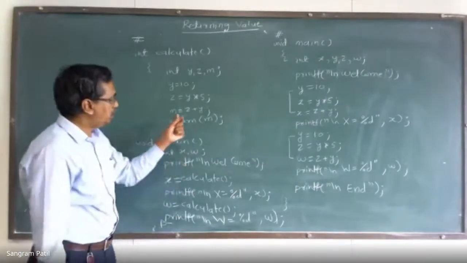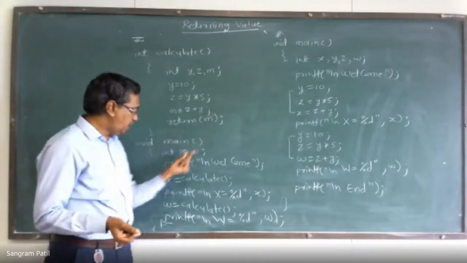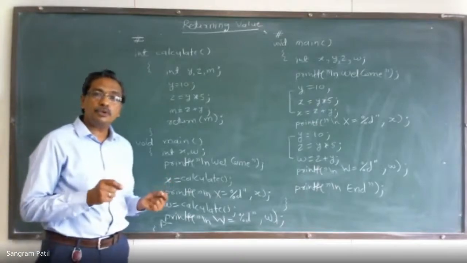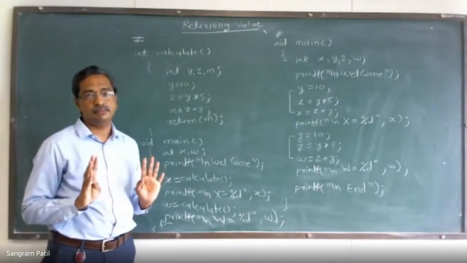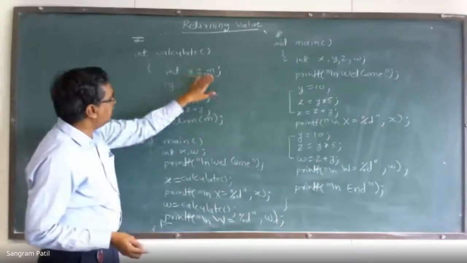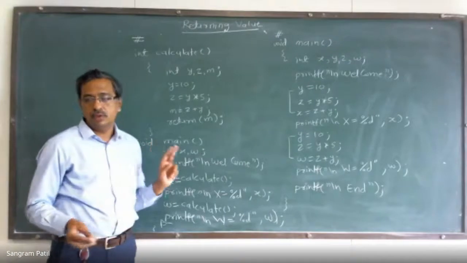Now, the variable whose value you are returning and the variable in which you are receiving a value, type of both must be same. m is integer, x and w both are integer.